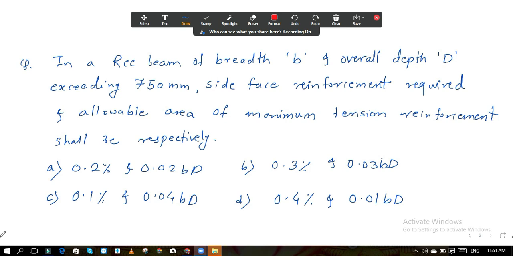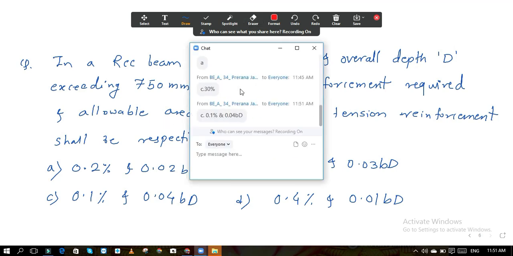If you know how much is the side reinforcement, then your answer is clear, because here if you see 0.1%, 0.2, 0.3, 0.4, this is the side reinforcement percentage. If you know the side reinforcement, automatically you will get the second answer, allowable area. So the answer is C, 0.1% and 0.04 D. Okay.